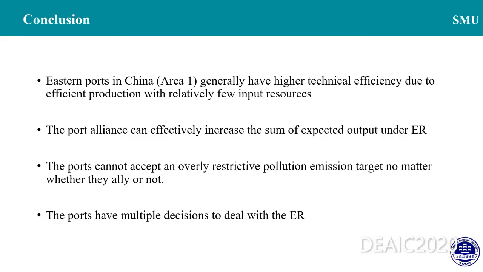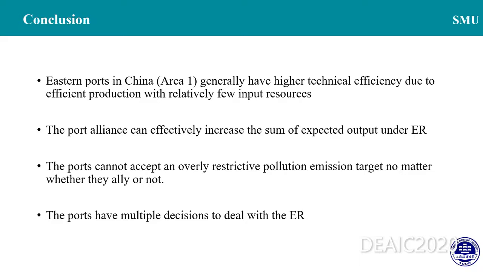Then we list the most important conclusions from the previous introductions. The first is that eastern ports in China, Area 1, generally have higher technical efficiency due to efficient production with relatively few input resources.